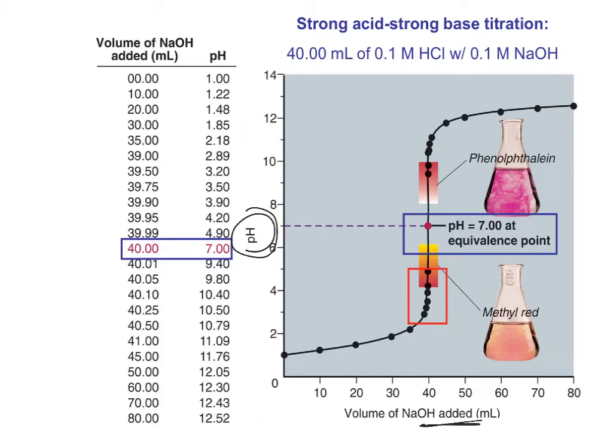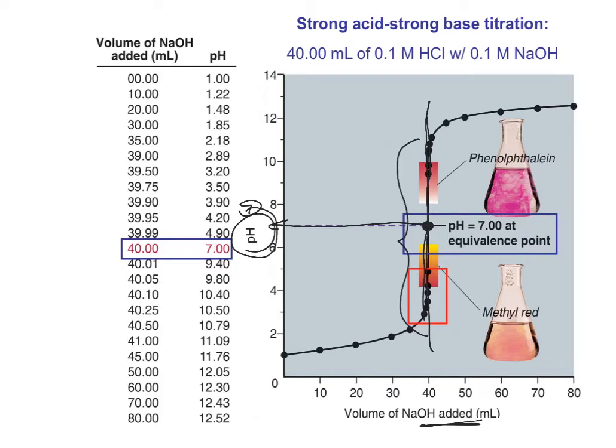If you were shown a rough graph and asked to label key parts, you would first identify the equivalence point. You look for this sharp rise in pH, measure halfway up that rise, and then go over to the y-axis, and that tells you the pH at the equivalence point.